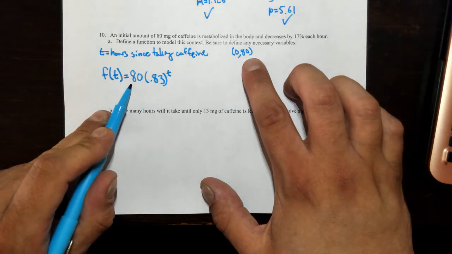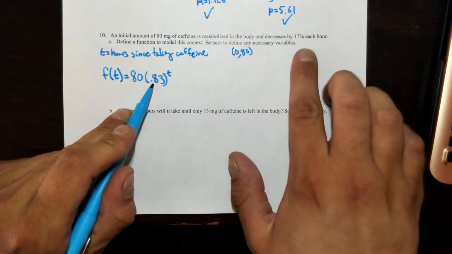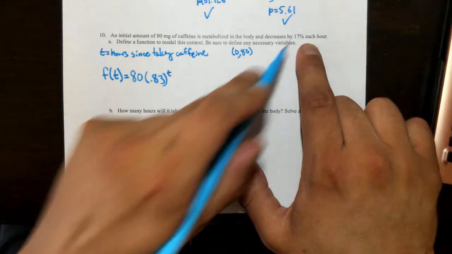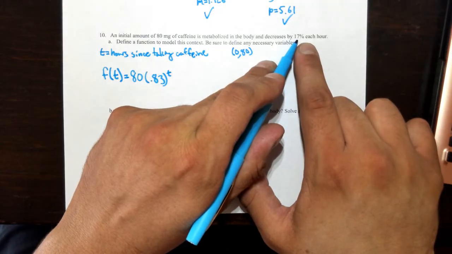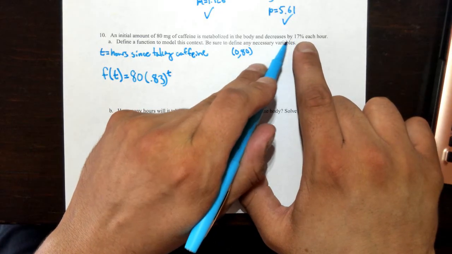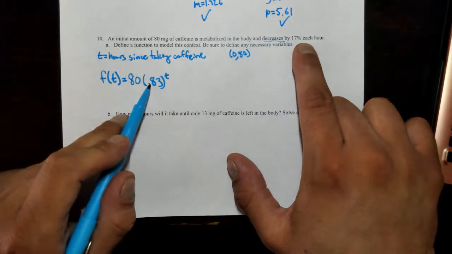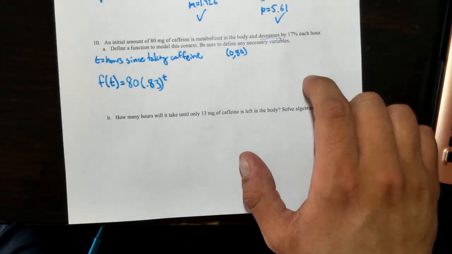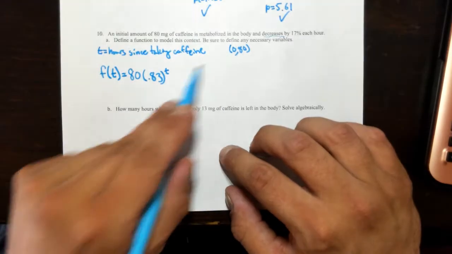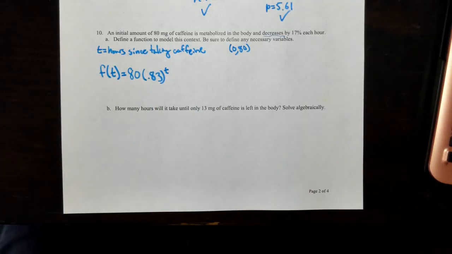So that's where this 80 came from. This 0.83 is, I turned this into a decimal, so 0.17, subtracted it from 1, since it's decreasing, and I got 0.83 there. And then t minus 0, I don't need to write the minus 0.